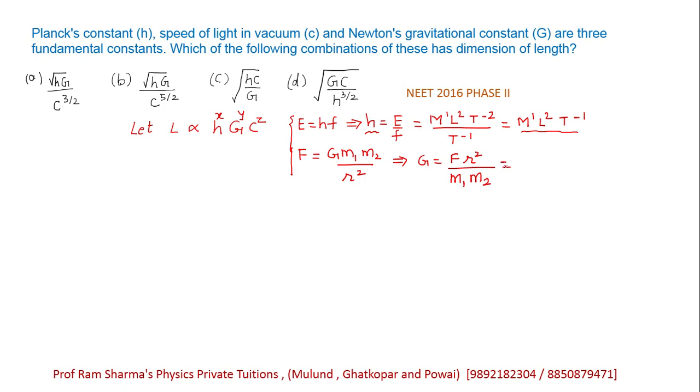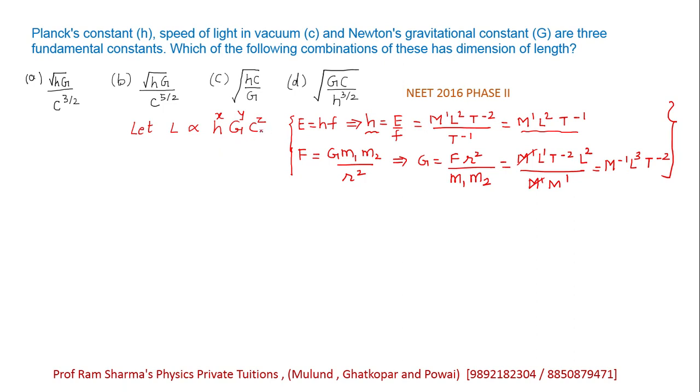So if you solve this, I think you will get the answer as M1 L1 T minus 2 into square of the distance, that is L2, upon m1 m2, that is M1 and one more M1, their masses. So M1 M1 gets cancelled and the final answer turns out to be M minus 1 L3 T minus 2. Now let's solve. So we know the dimension of all the quantities involved.